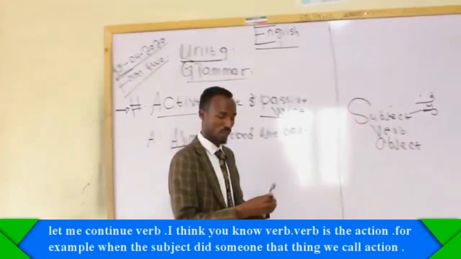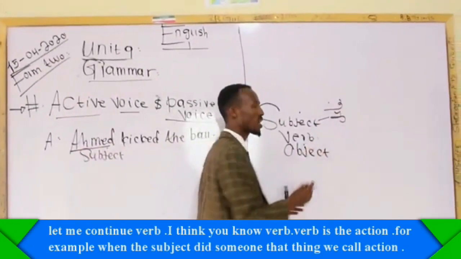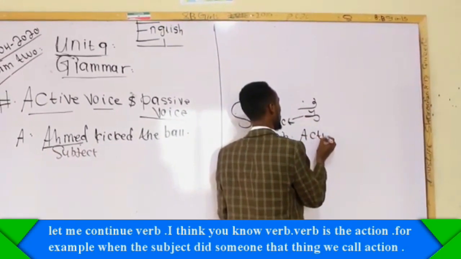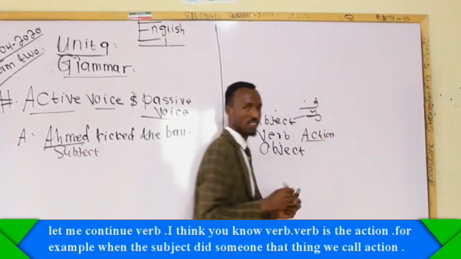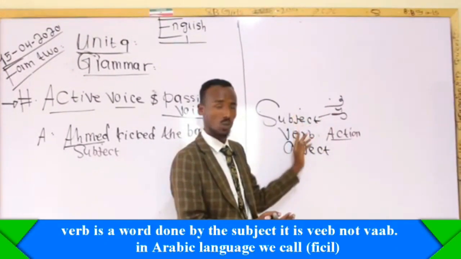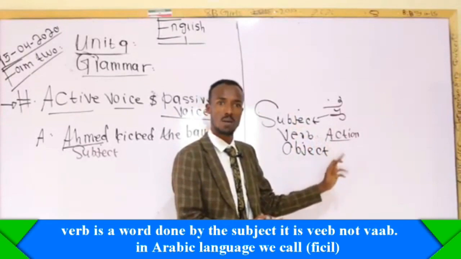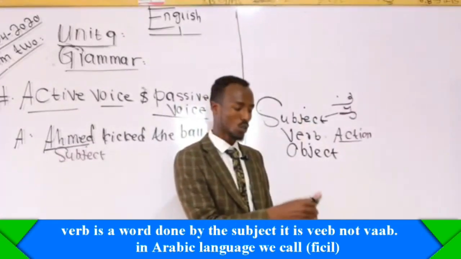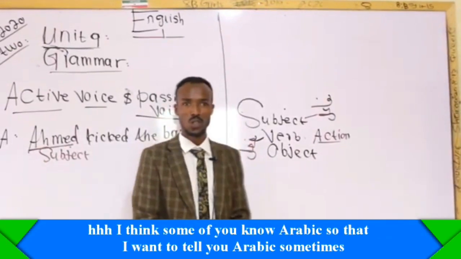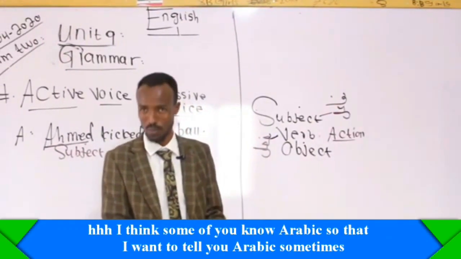Let me continue. Verb. I think you know verb. Verb is the action, the word done by the subject. In English we call it a verb. In Arabic we call it fi'l.